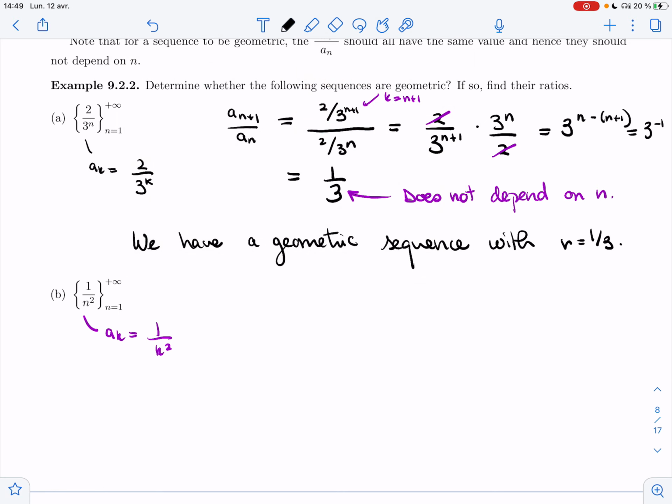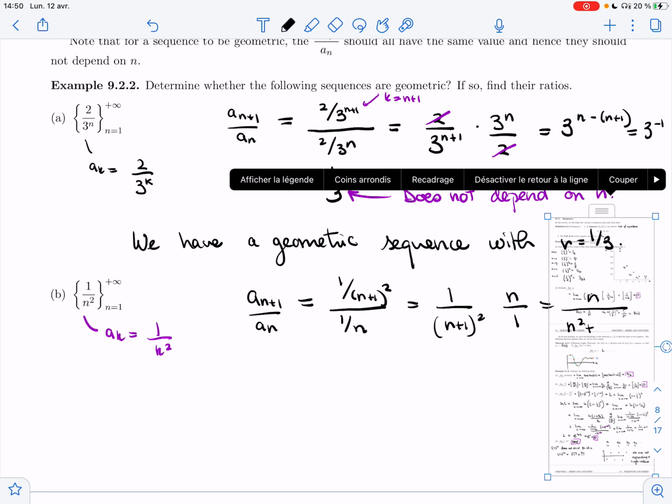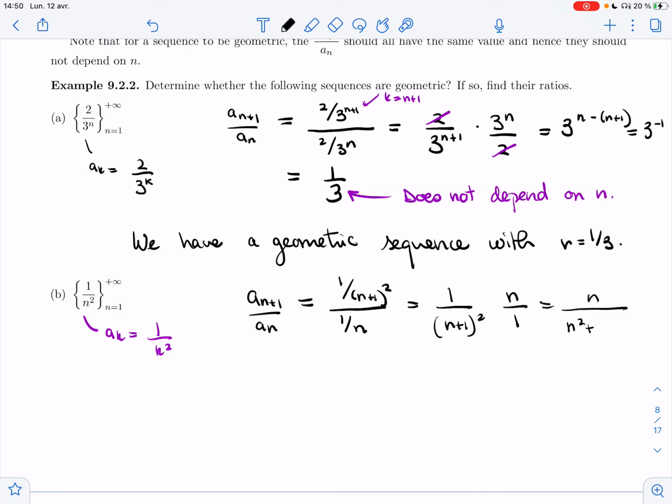And so for a_(n+1) over a_n, I replace k by n plus 1, and then underneath, I replace k by n. All right, so I get n squared over n squared plus 2n plus 1. Oops, sorry about that.